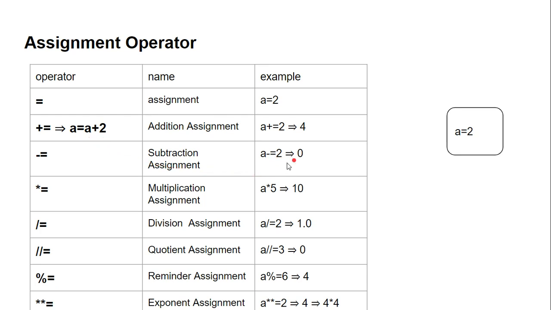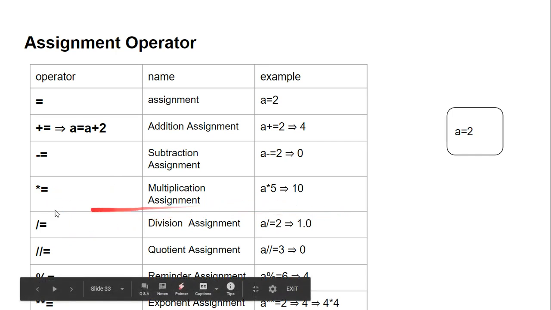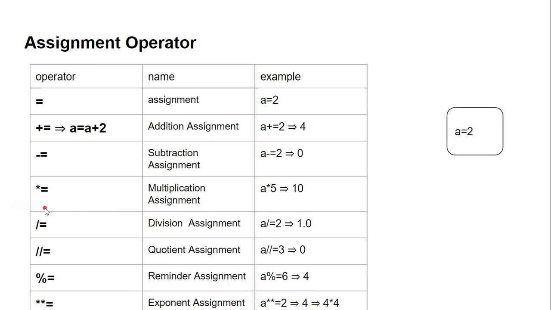Similarly, minus is equal to 2 will be a is equal to a minus 2. Star is equal to will be what? If you write a star is equal to 5, it will be a is equal to a star 5.